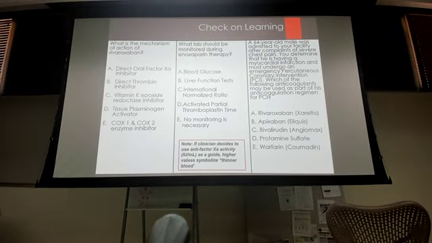All right, check on learning. Mechanism of action of rivaroxaban. What do we got? Right. And then we'd probably need to know why the other answers are wrong, and what the Xa inhibitors are versus the IIa inhibitors versus warfarin and tPA, which we're going to get to.